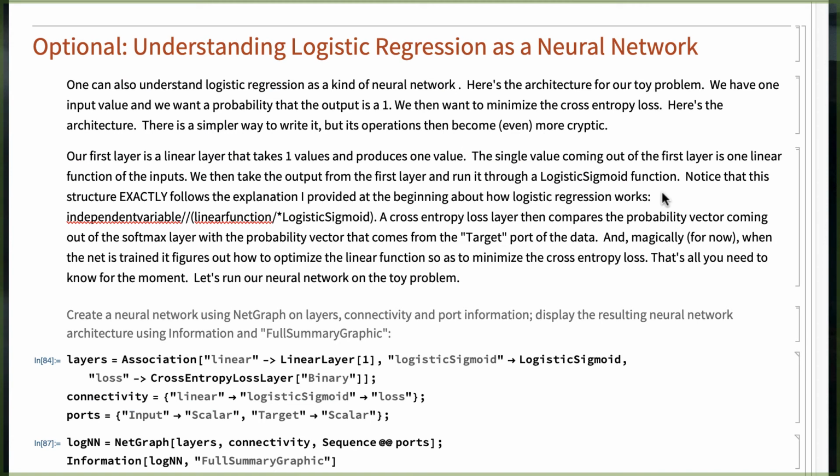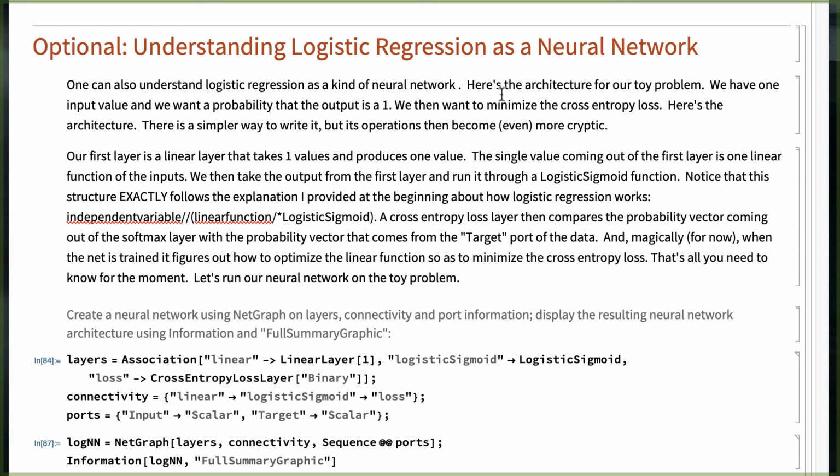As I said, we can also understand logistic regression as being a special kind of neural network. And I think even though we haven't studied neural networks in any depth yet, it's interesting even at this early stage to see the relationship between what might be thought of as two very different problem domains.